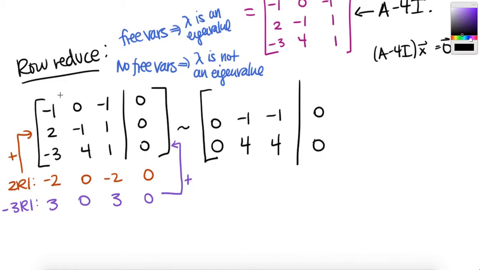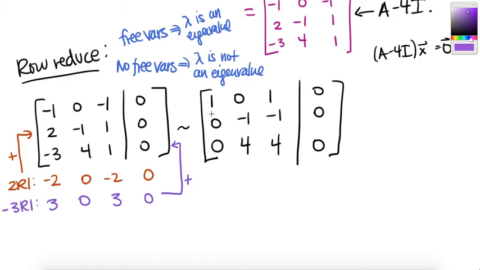Okay, and then we have our first row. I'm going to go ahead and scale so I have a positive 1 in my pivot. So change the sign of everything. 1, 0, 1, 0. Okay. And here we go. All right, so we're actually at a point where we have enough information to be able to tell what our answer is.